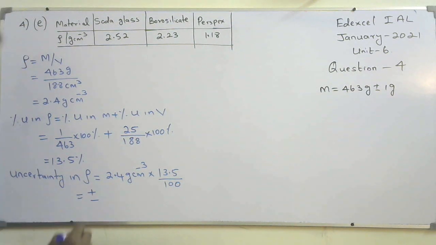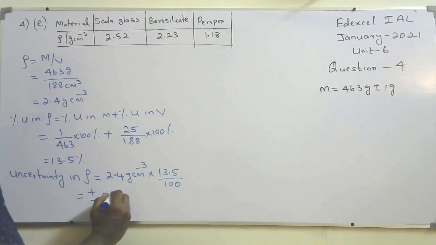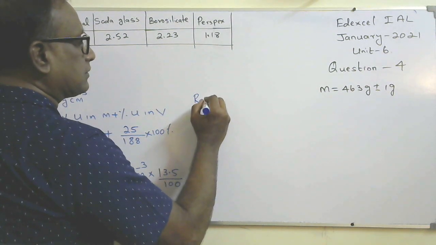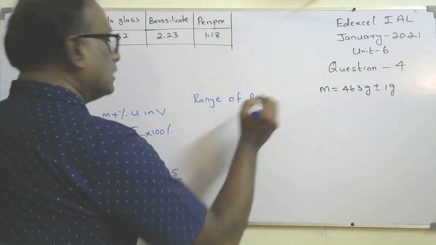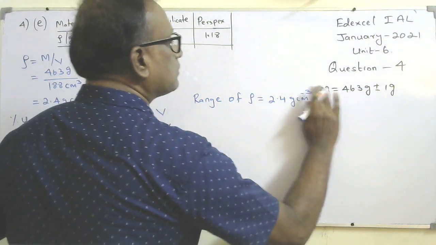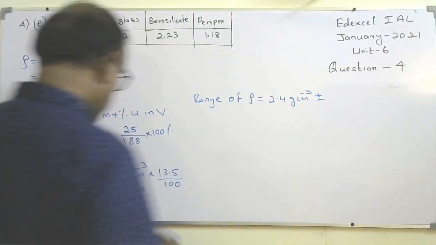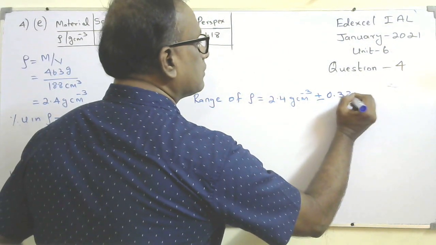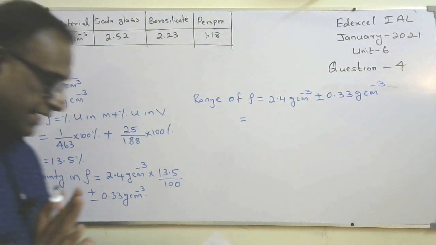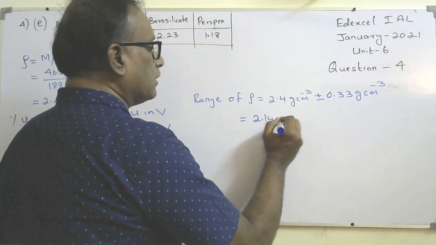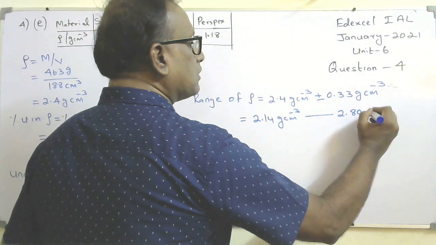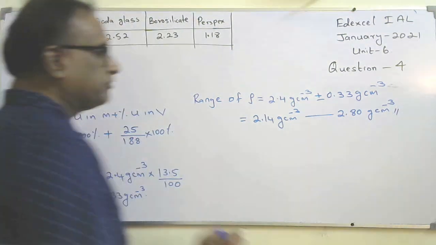So that is going to be plus or minus 0.33 gram per cm cubed. So the range of my density is 2.4 gram per cm cubed plus or minus 0.33 gram per cm cubed. So the range of my experimental density will fall from 2.14 gram per cm cubed to 2.80 gram per cm cubed.